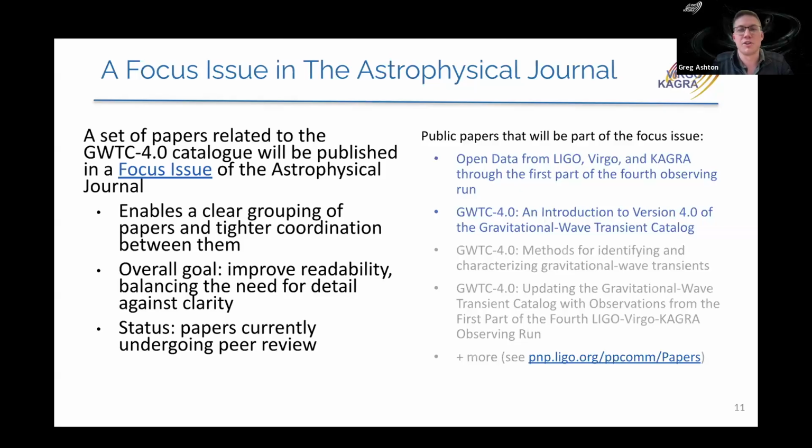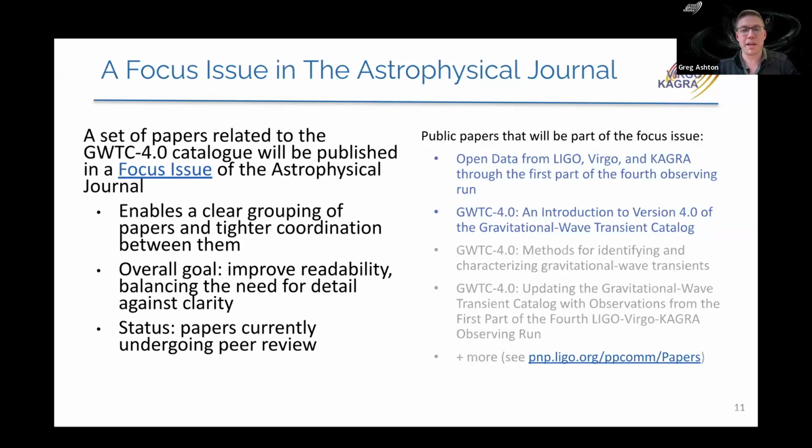So the first is the open data paper, which is, of course, the paper which introduces the details of the data that we're publishing and also the details of the electronic catalog. So we'll actually get to that in the last two speakers of today. And then the part that myself and Elena will be talking about is the paper GWTC4, an introduction to version 4.0 of the gravitational wave transient catalog, which is the opener, if you like, for the whole focus issue.